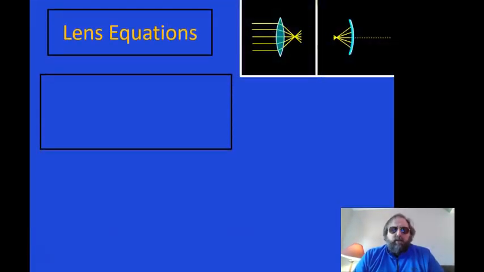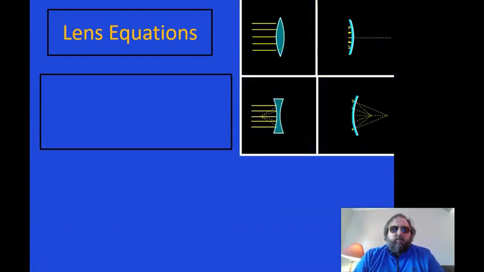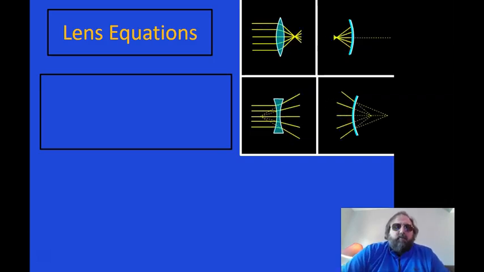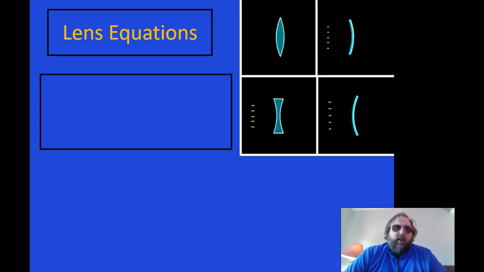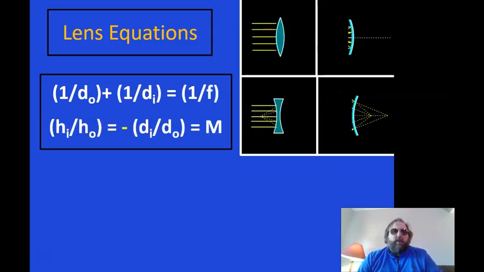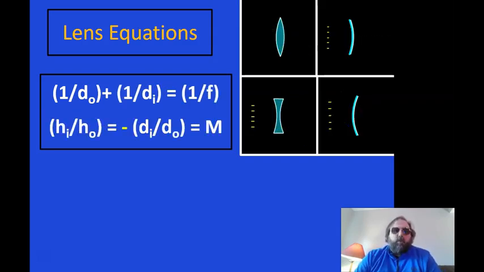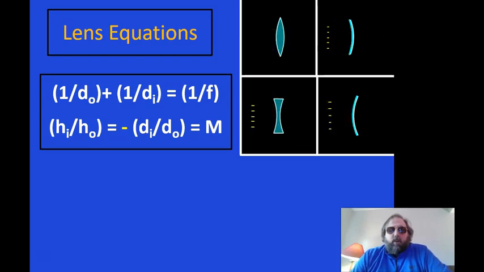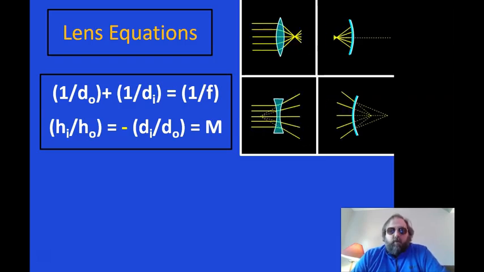Equation-wise, the nice part is that because lenses and mirrors are very similar in what they do, the converging lens is similar to a concave mirror and a diverging lens is similar to a convex mirror. All the equations that we had before, 1/dO + 1/dI = 1/f, and hI/hO = -dI/dO = M, are the same.